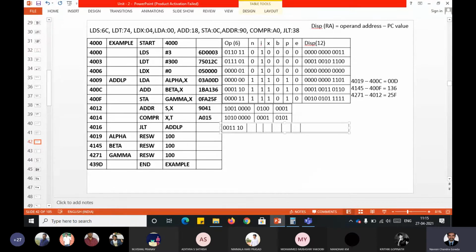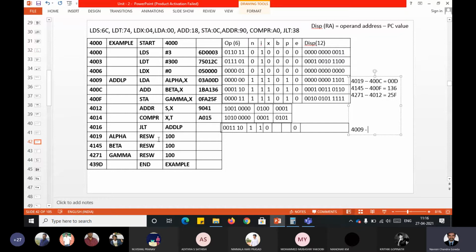Now let us find out the operand. The displacement is the operand address minus the PC value. Here the operand is LOOP. What is the address of that? The address of RDLOOP is 4009, minus the PC value. What is the current PC value here?